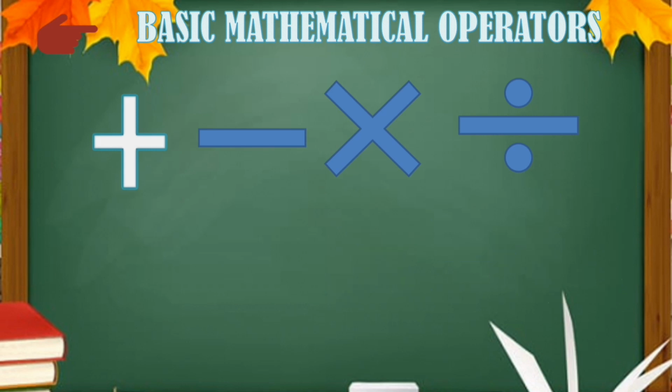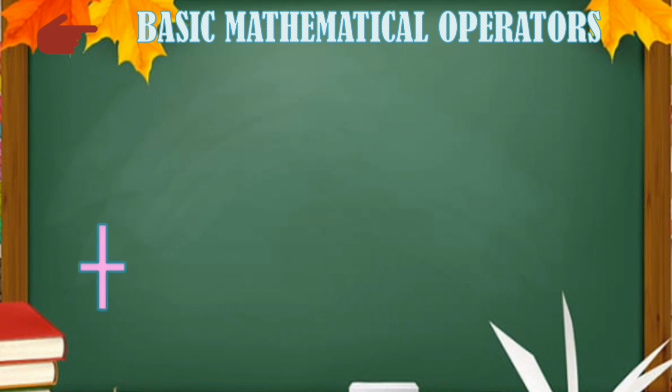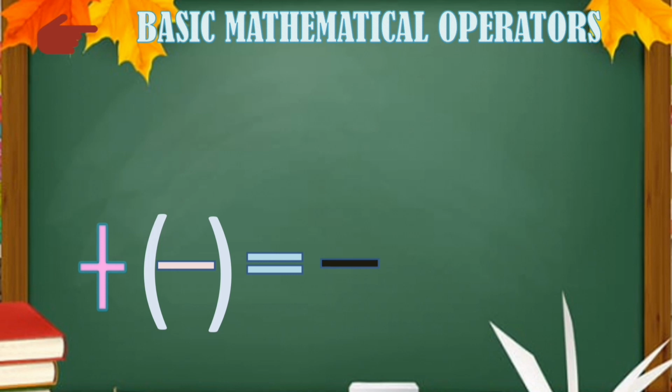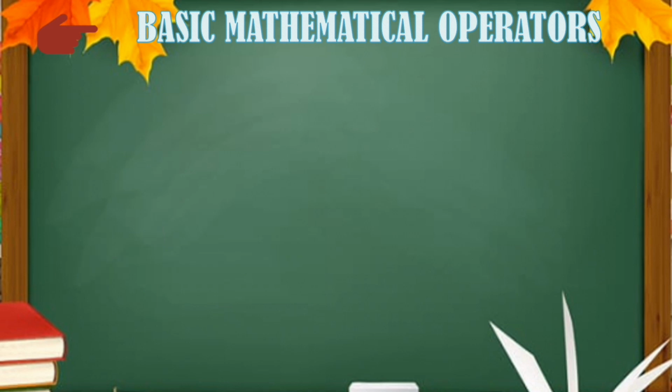The first operation you need to know is plus times minus is equal to minus. Next, minus times minus is equal to plus. Next, plus divided by minus is equal to minus. Now I want you to answer this.